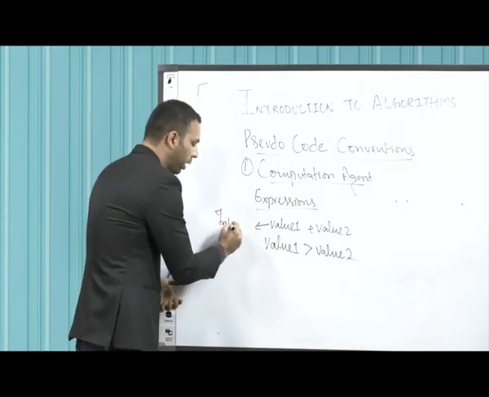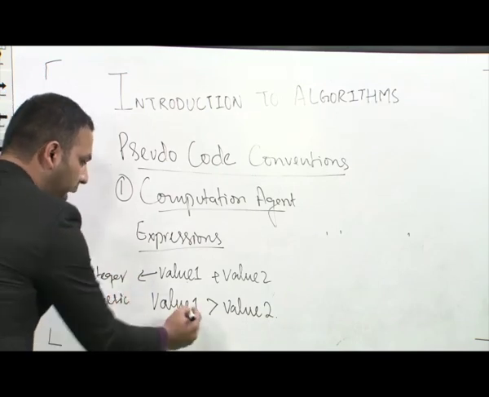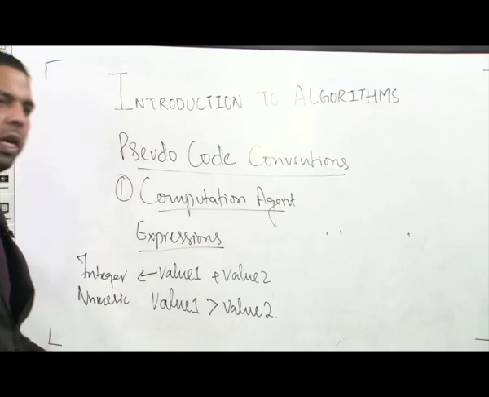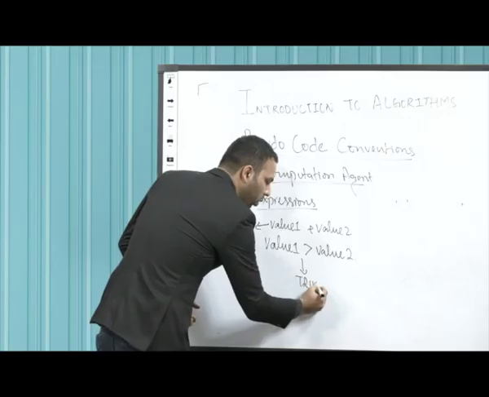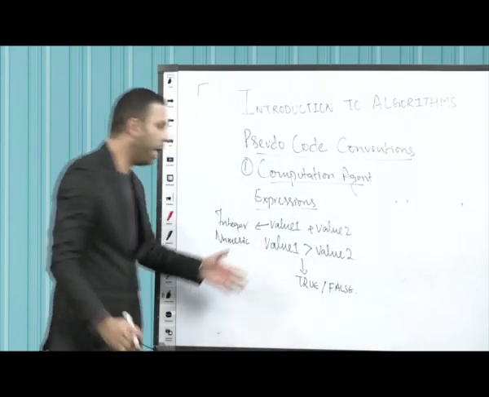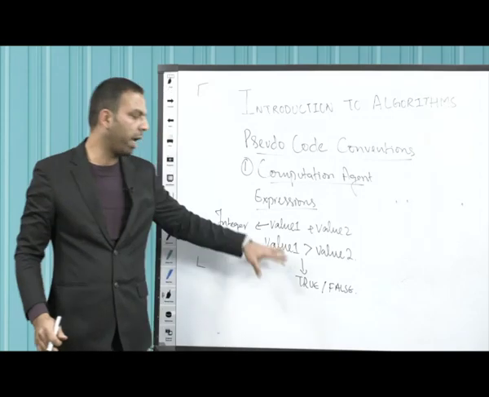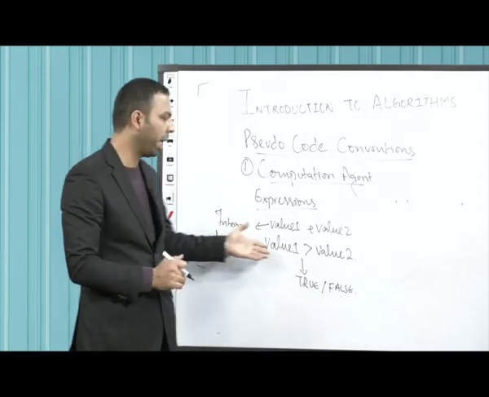Here, if we are checking whether value 1 is greater than value 2, the outcome will be a Boolean value, meaning it will be true or false. So we can have an expression where true or false is the outcome of the expression as well, and we write them like this.